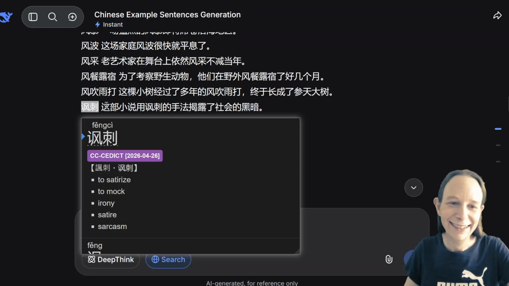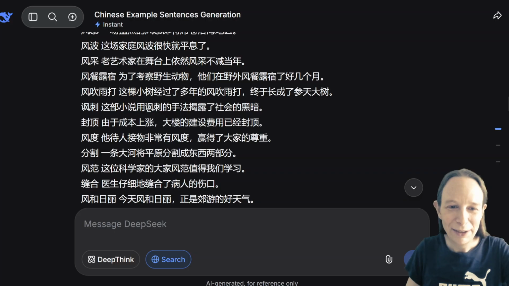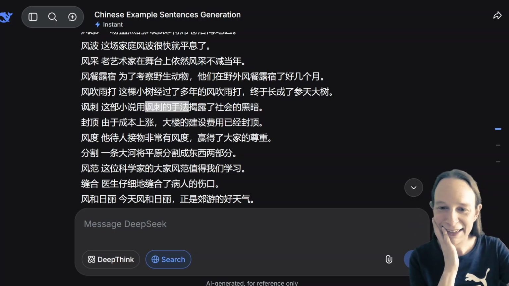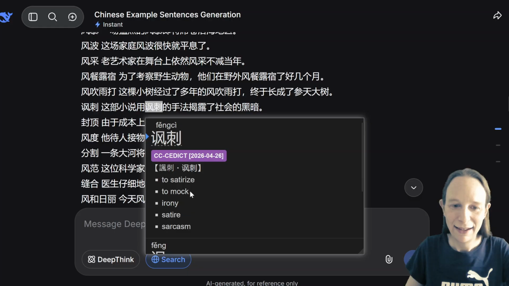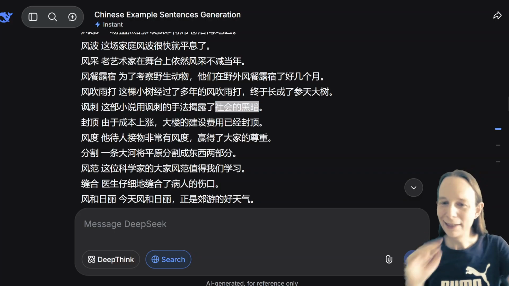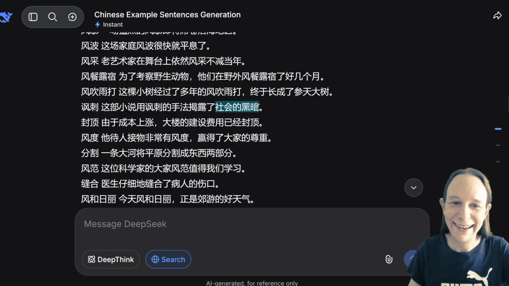It happens. 这部小说用讽刺的手法揭露了社会的黑暗. And so we're using methods of sarcasm, irony, and what's the other one? It's just a mocking kind of way. Irony, sarcasm, satire. Yeah, getting to expose the underbelly of society. 讽刺.